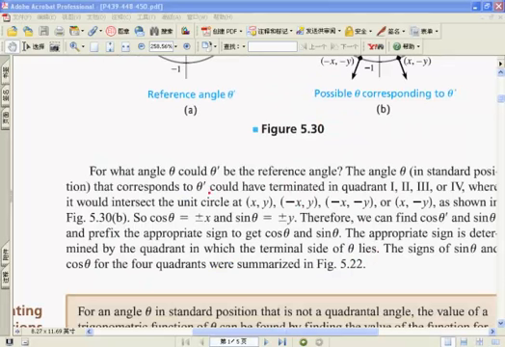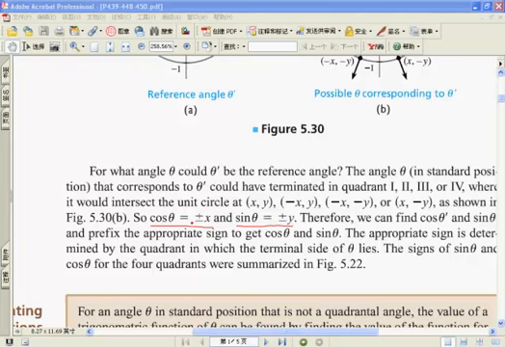So that means if theta has theta prime as the reference angle, and the point of intersection of theta prime with the unit circle is equal to (x, y), then cosine theta is either equal to x or minus x, and sine theta is equal to positive y or negative y.